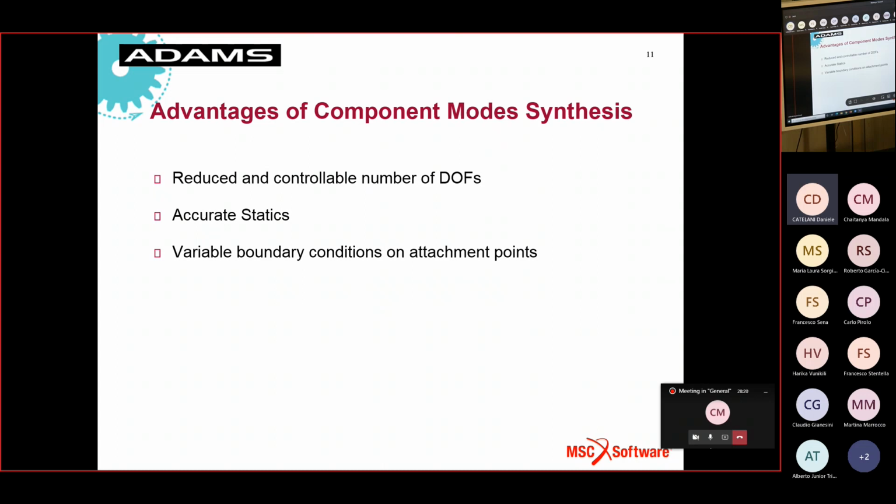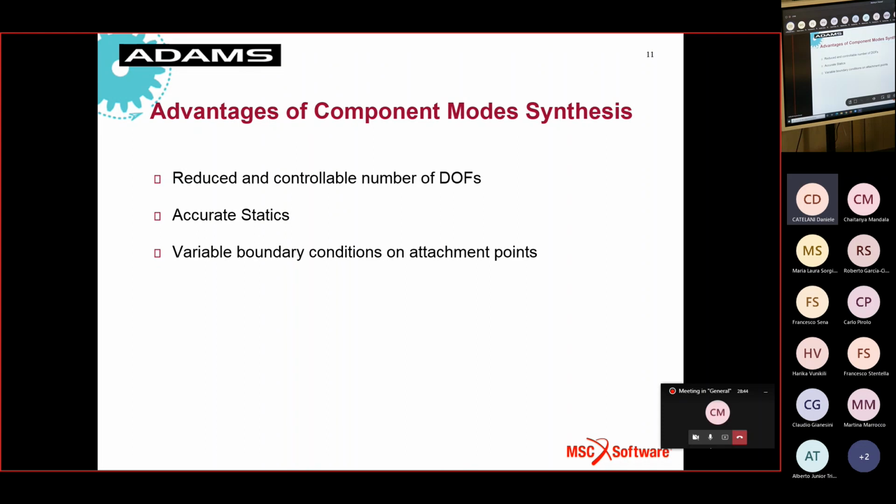And the great advantage for multi-body analysis is that, due to the fact that we don't define the type of joint, the type of force in the finite element code, but only the position of the node, in Adams, in correspondence of every attachment node, we have the full freedom to define variable boundary conditions.